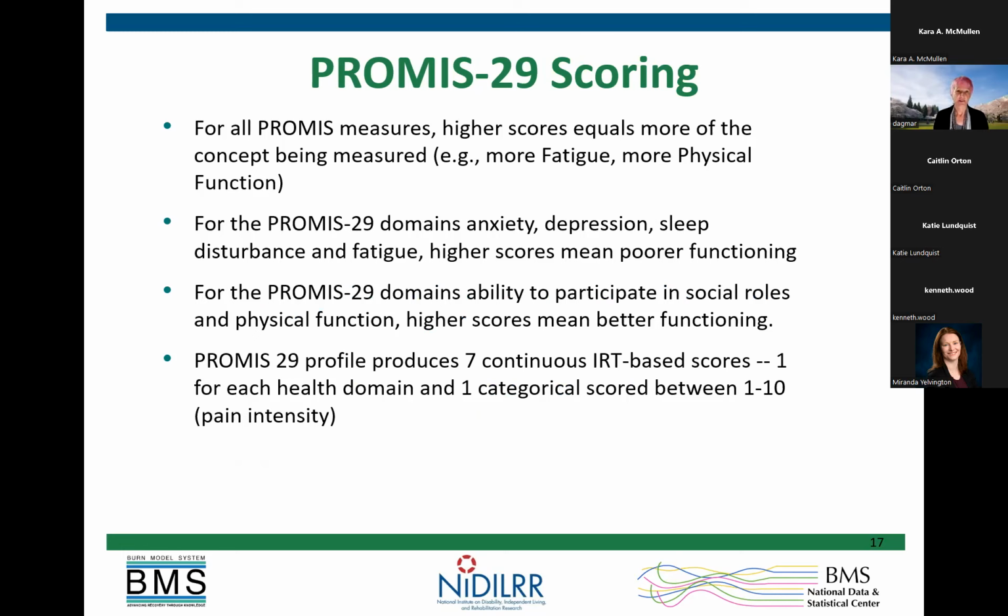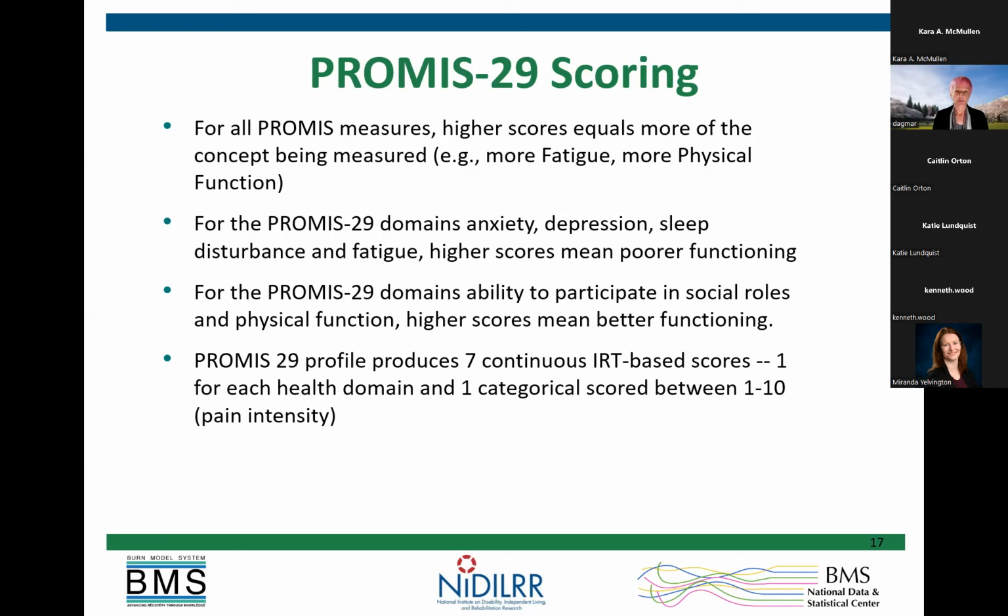So it's always important to look at which way the score goes. For anxiety, depression, sleep disturbance, and fatigue, higher score means worse health. For participation in social roles and physical function, higher scores are better health.